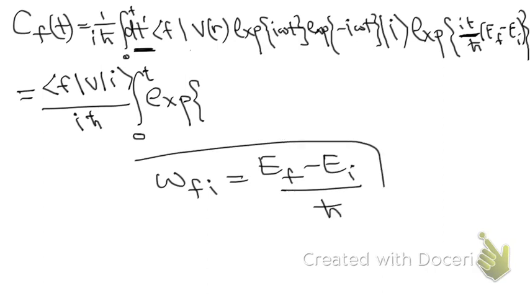This was my Bohr frequency. So I'm going to substitute omega fi for ef minus ei over h bar, and then I'm going to combine my exponentials together.